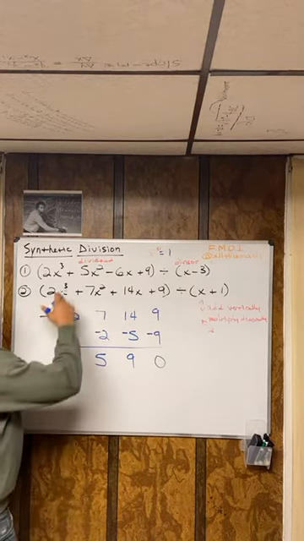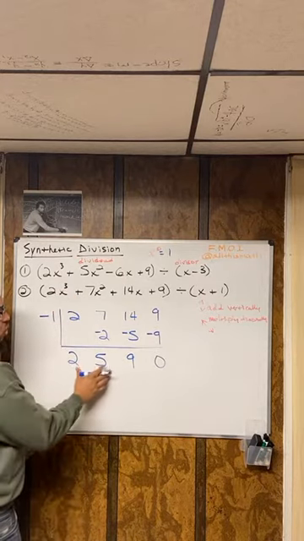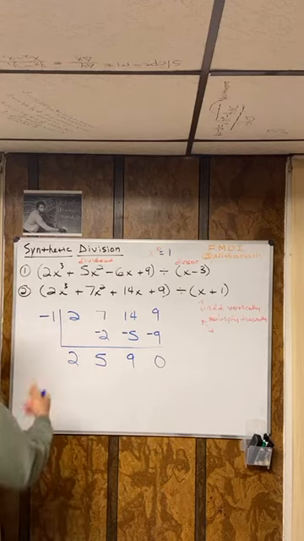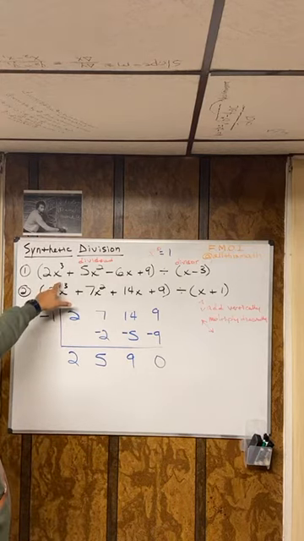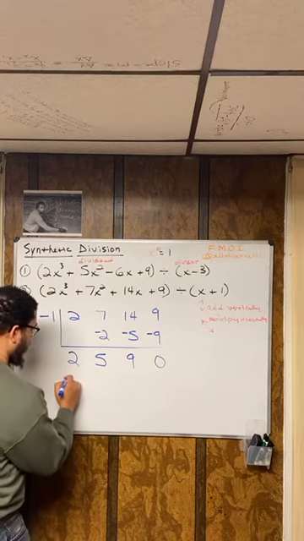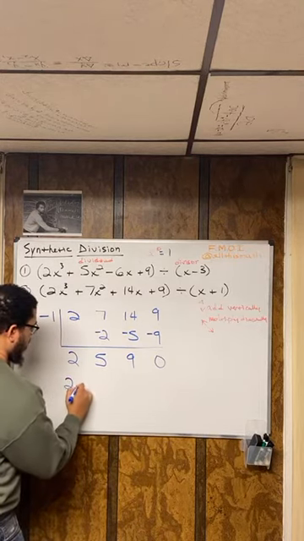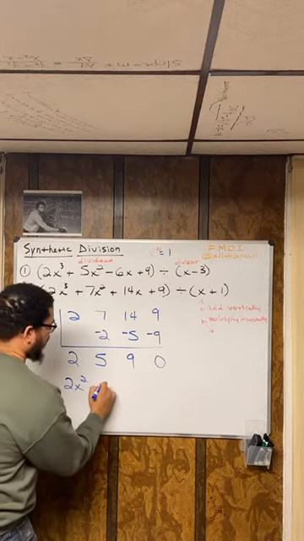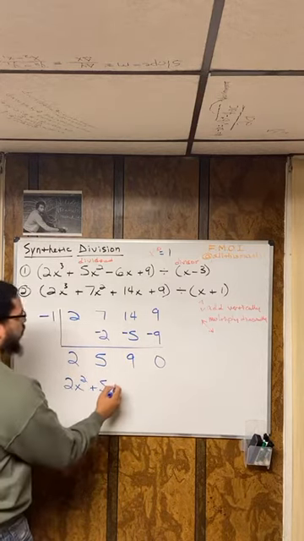So now we know that in our quotient, the biggest exponent is going to be 1 less than the biggest one in the dividend. So we're going to have 2x to the second power, and that's positive 5. So it's going to be plus 5x to the first power.